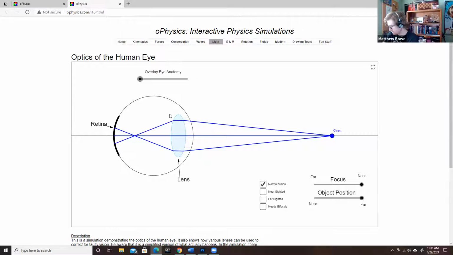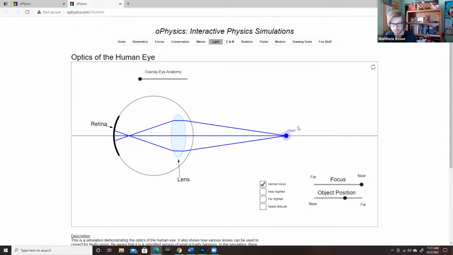To do this experiment, first, like always, you could just play with it. You can move the object, move the focus, and look at what is changing when I manipulate the focus. So this lens right here, that's the crystalline lens inside of your eye.